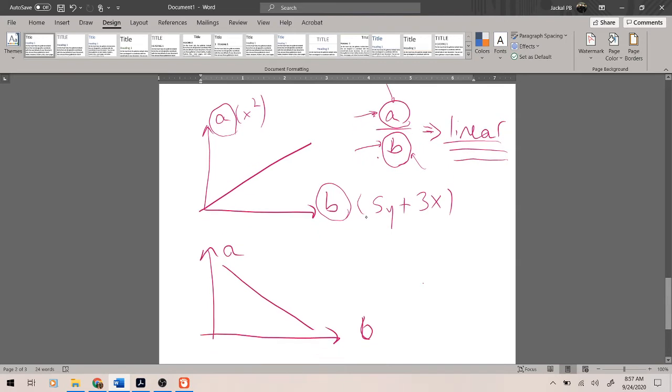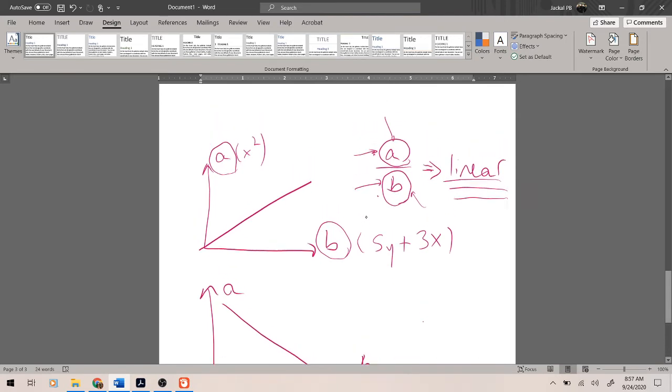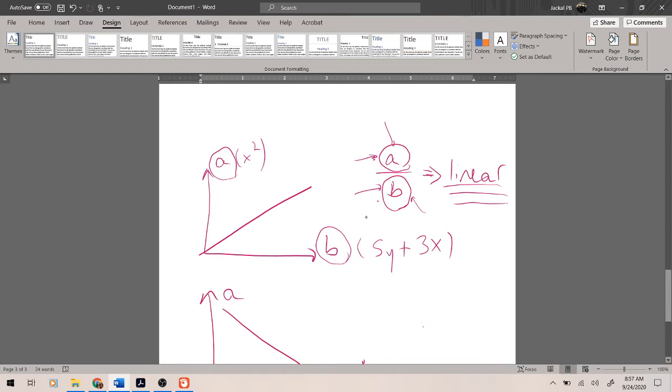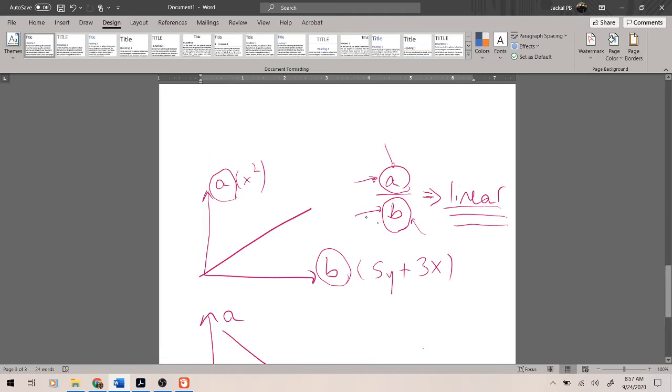It doesn't have to be increasing, it can also be decreasing, but it must be linear. That is basically the rule of ratio. One increases, the other increases. One decreases, the other decreases. And this is basically an a to b ratio.